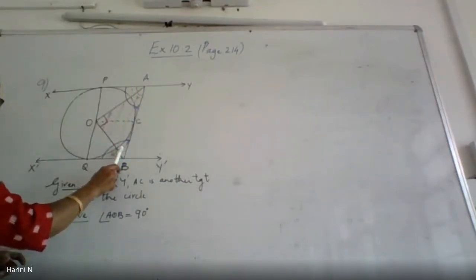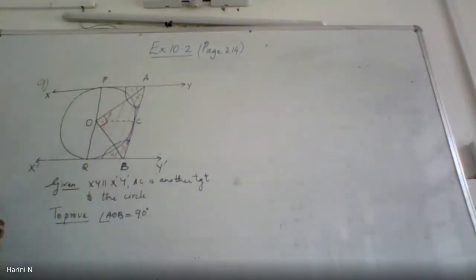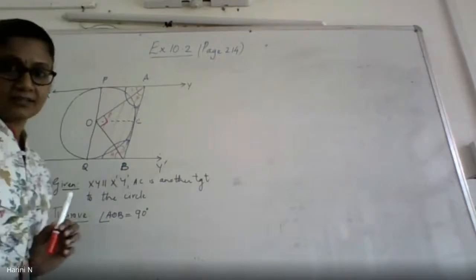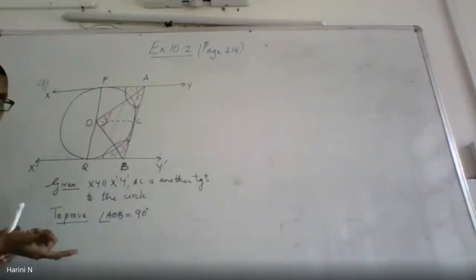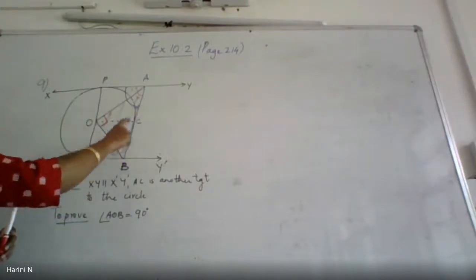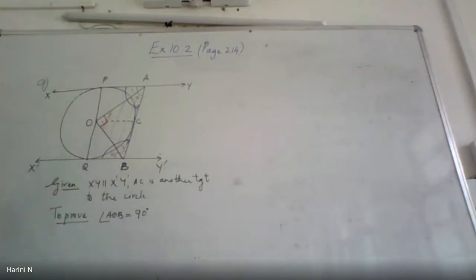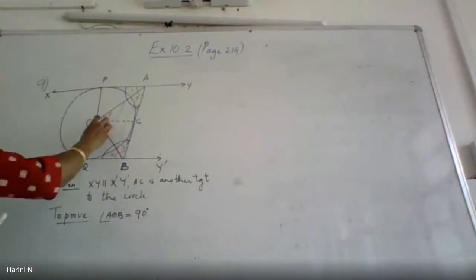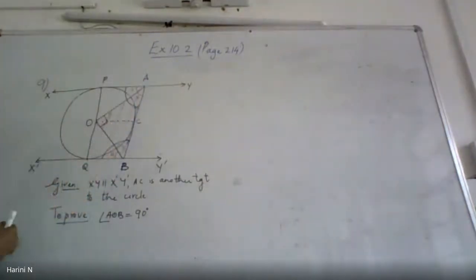Or I can say angle 2 plus angle 3 equals 90 degrees. Correct? Because 2 is a common factor. So 2 times angle 2 plus angle 3 equals 180 degrees means just angle 2 plus angle 3 will become 90 degrees.